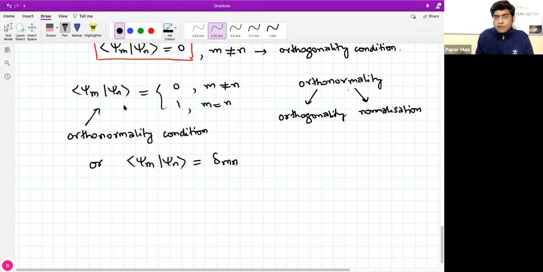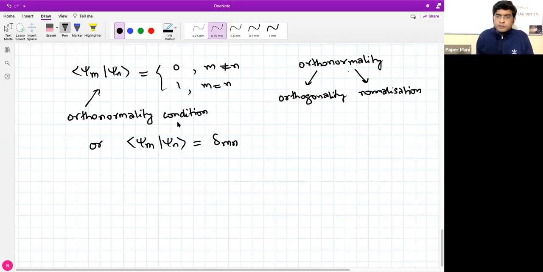Otherwise 0. So how can you think of a -1 here? Either it is orthogonal to some other wave function, or if it's the same wave function and normalized, it will give you 1, or some non-zero value, but it won't be negative.